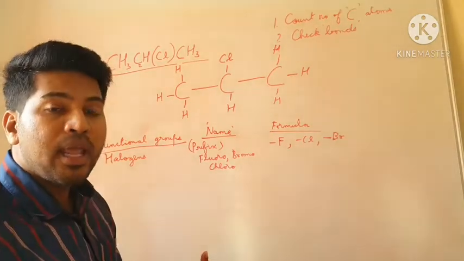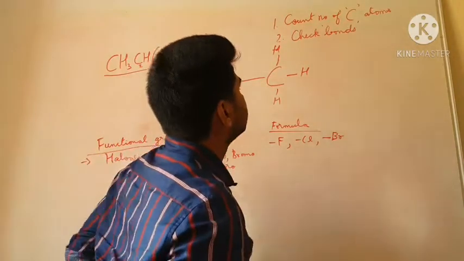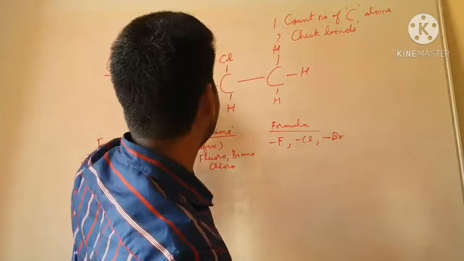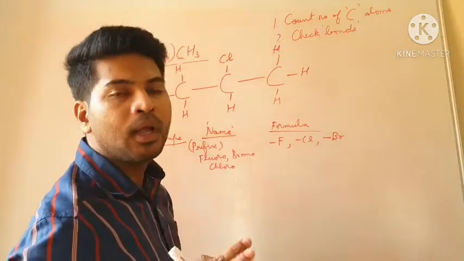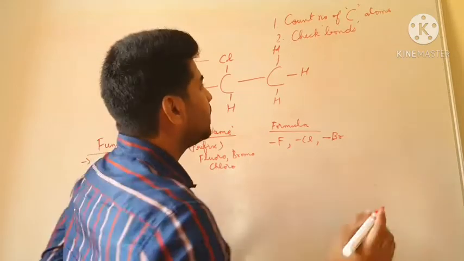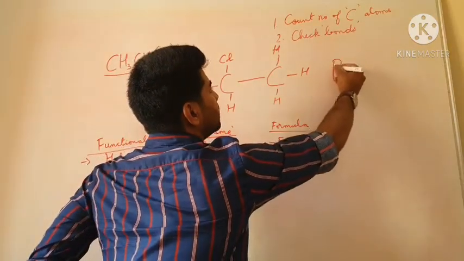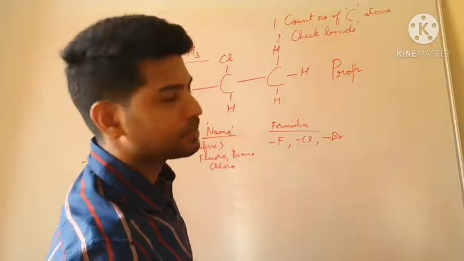And what is the name of this particular compound? Again, count the number of carbon atoms. 1, 2, 3. Any carbon compound containing 3 carbon atoms will have the nomenclature as prop, as you know.